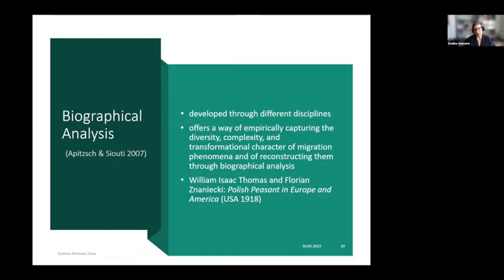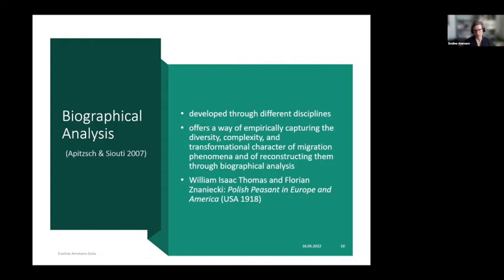Of course, biographical analysis was developed through different disciplines. It offers a way of empirically capturing the diversity, complexity, and transformational character of migration, taking into account the whole life stories. And I will explain a little bit more about the data collection. It comes from a very old concept or method, from William Isaac Thomas and Florian Znaniecki, The Polish Peasant in Europe and America.